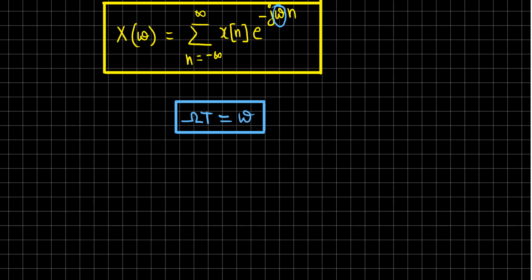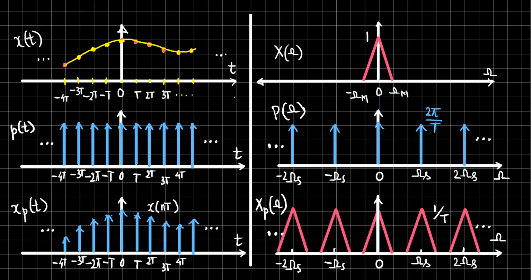That means if I have the Fourier representation of this continuous signal xp of omega, then if we wish to see the frequency domain picture of its discrete equivalent, you simply have to scale this omega by T.